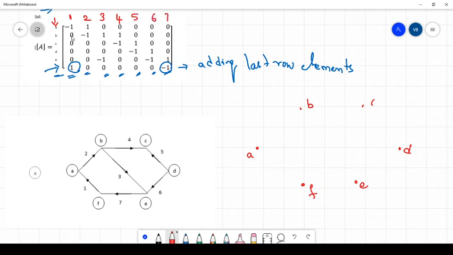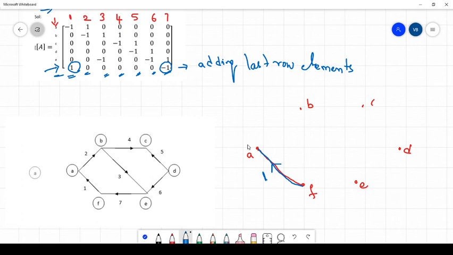The first branch is connected with node 1, that is node A, as well as node F. These are the non-zero values for node A and node F. So branch 1 is connected in between node A and node F. Node A has the negative value. A negative means the direction is towards that particular node. So branch 1 is towards node A.